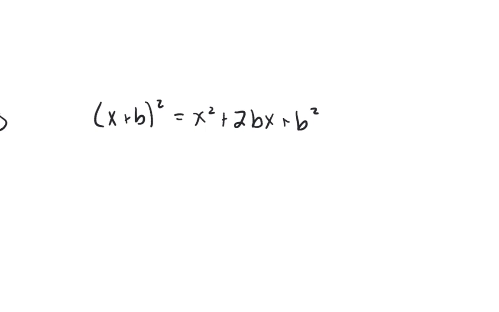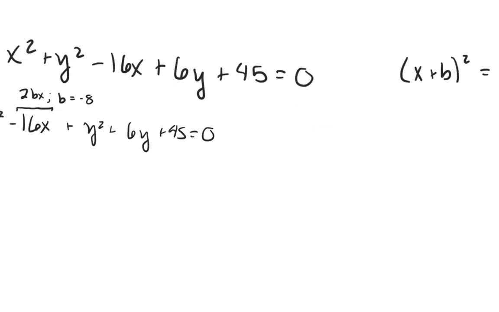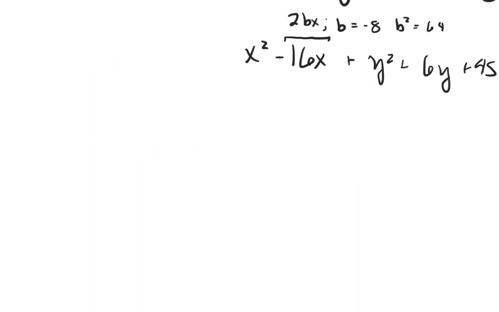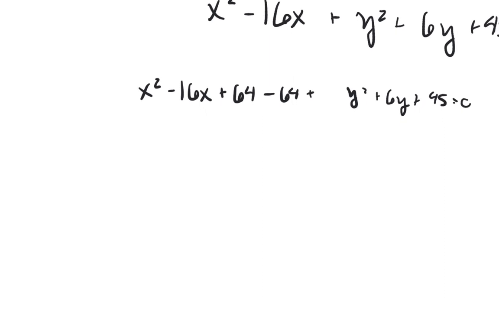So what we want now is that b squared term. So b squared here is going to be 64, which means that we want to say x squared minus 16x plus 64. We always have the plus 1 gets included, minus 64 plus all the rest, y squared plus 6y plus 45 is equal to 0.